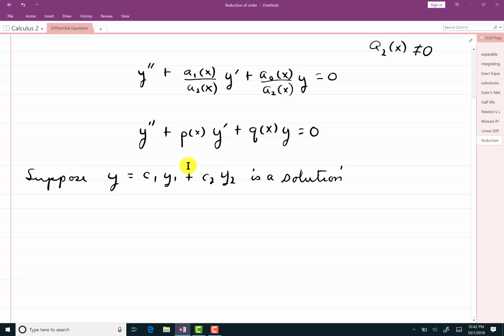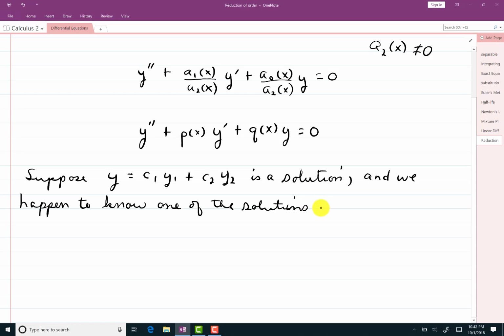So if we assume that that is a solution, and we happen to know one of the solutions, say we happen to know y1.